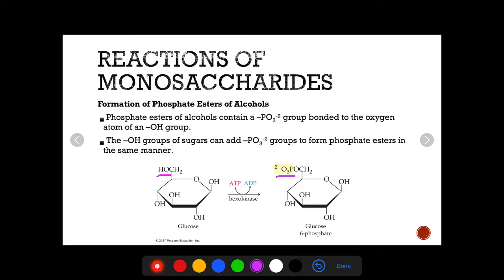So it's able to do this. The phosphate is added from ATP. So you can see right here, we talked a little bit about ATP and ADP previously in the carboxylic acid chapter. So that's where the phosphate's coming from.